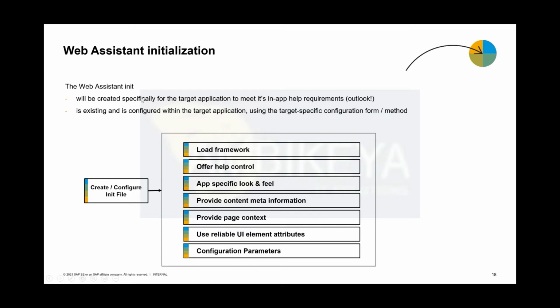will be created specifically for the target application to meet its in-app help requirements, which means my background color to fit to my color scheme is red, and I want it to be activated immediately. And any time the hello, welcome guided tour that should automatically be started is the guided tour with the ID ABC123.